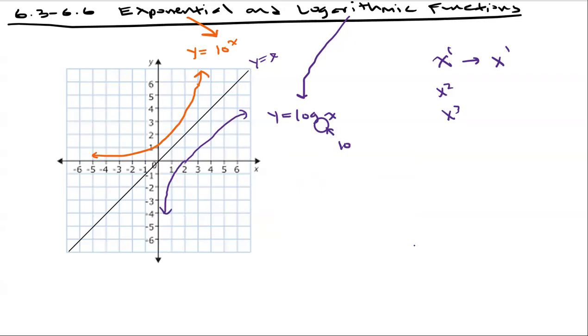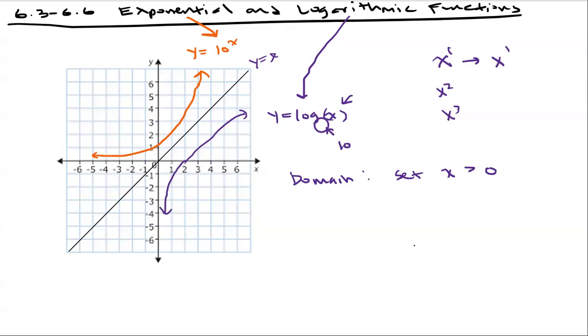So if they're asking for the domain of this log function, we're going to focus on the x. We set x, or whatever is inside here, to greater than 0. It cannot equal 0, because remember, log of 0 doesn't exist because there's a vertical asymptote there. So we set x is greater than 0.